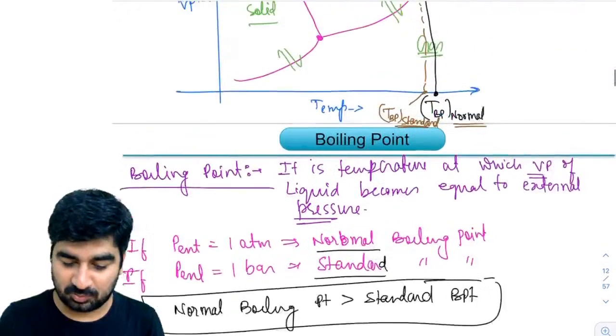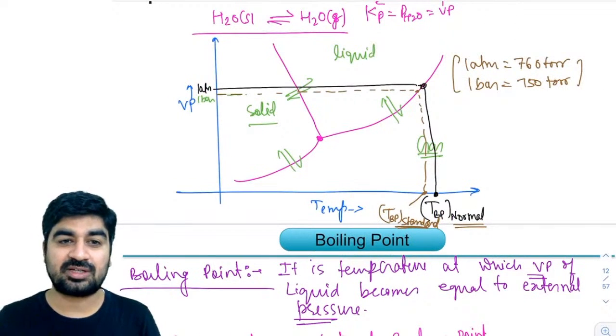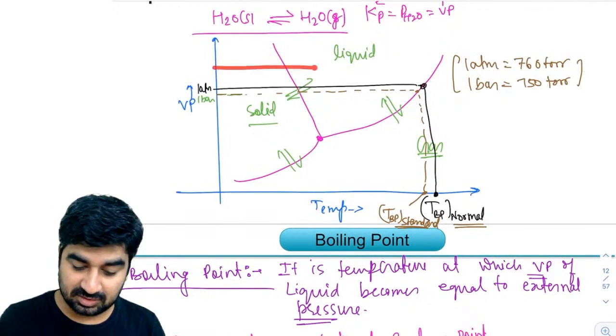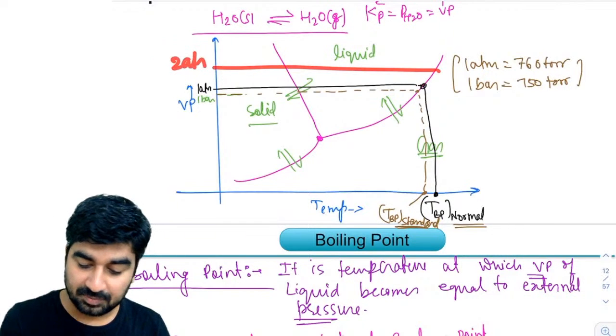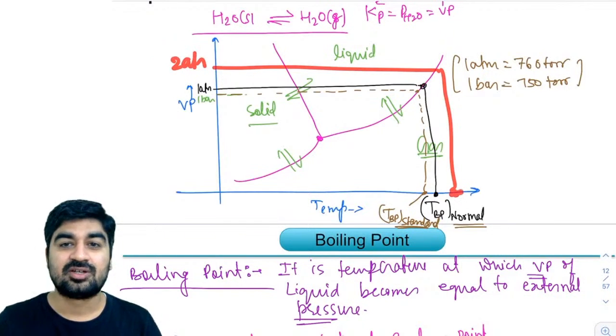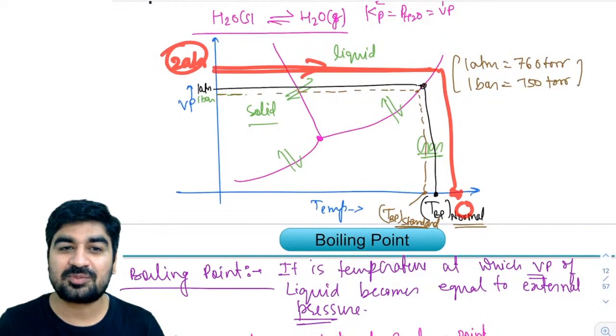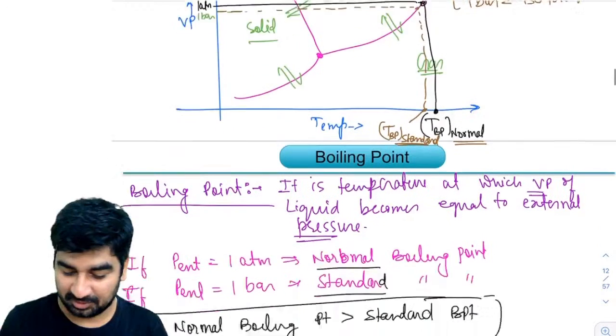And now there is one more point, guys. If you are going to increase the external pressure, suppose external pressure becomes 2 atm, then what will be the boiling point? So on increasing the external pressure, boiling point will increase. Note it down.